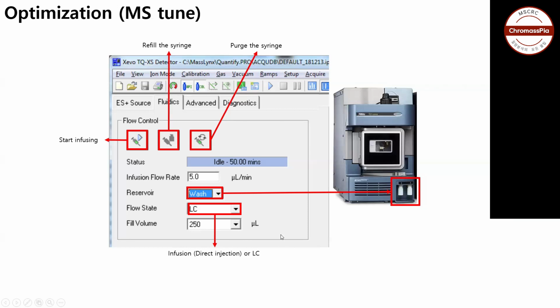So when we are trying to optimize the sample which we want to quantify, we will put the sample in reservoir A or B, and then refill the syringe with it, set the flow state as direct injection, and then start infusing.